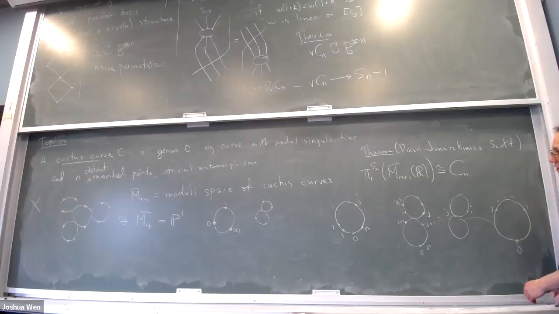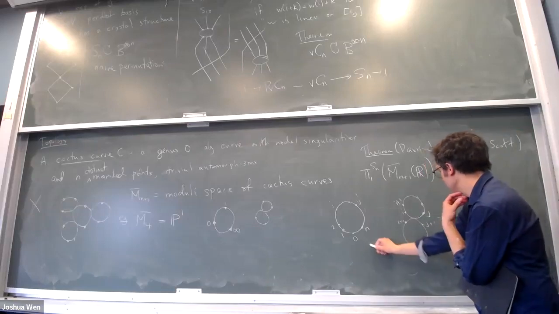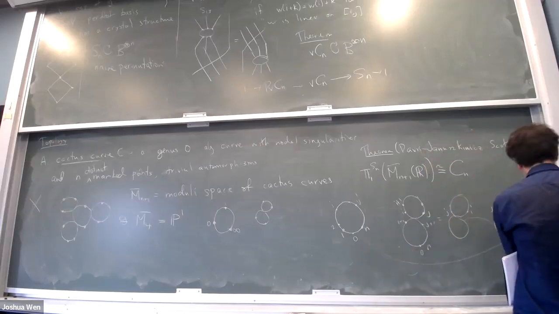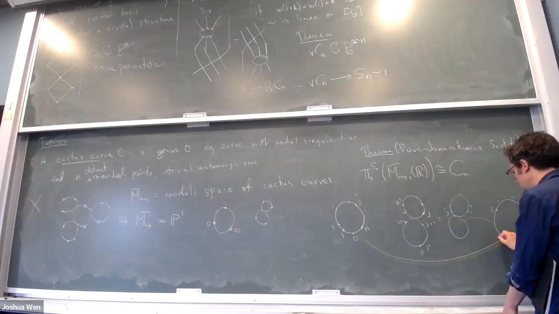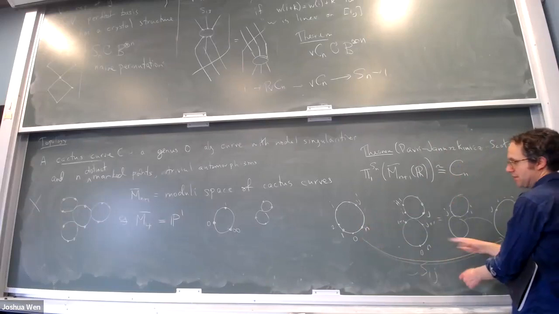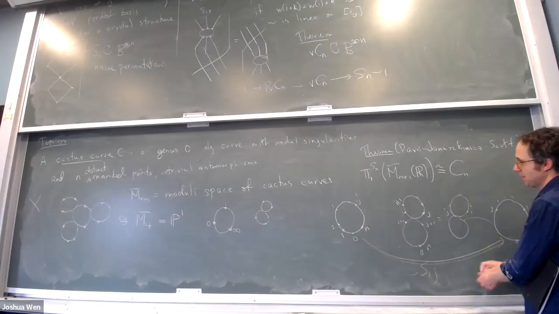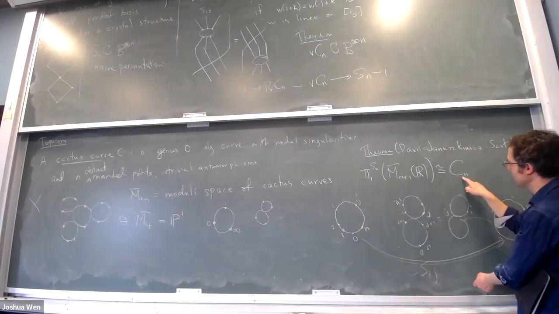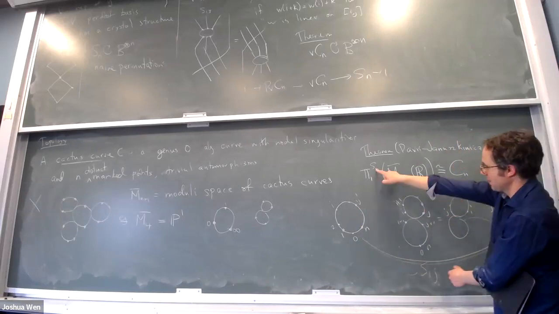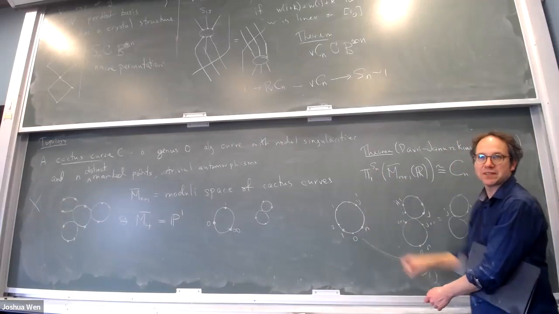And so in this way, the element s_ij of the cactus group corresponds to this path from here to here. So it's a path between 2 points because it's not really this equivariant fundamental group. So it's like, up to this S_n, you've kind of gone back where you are.